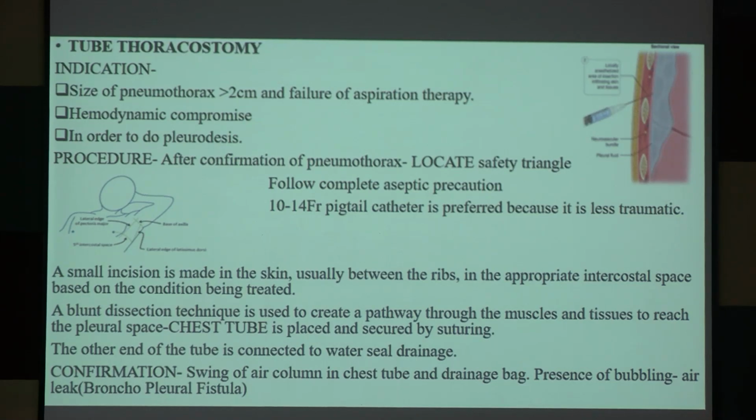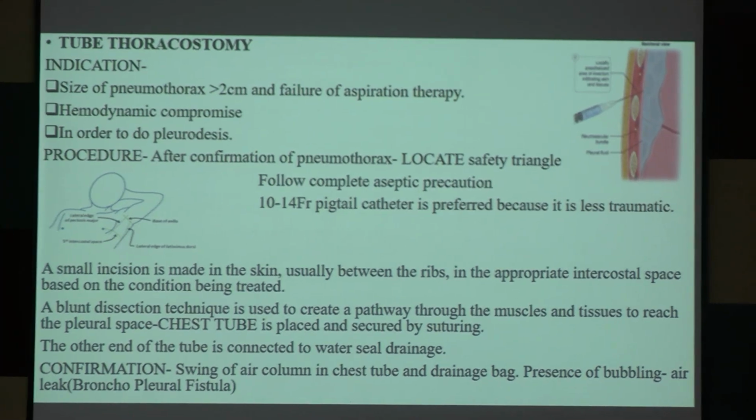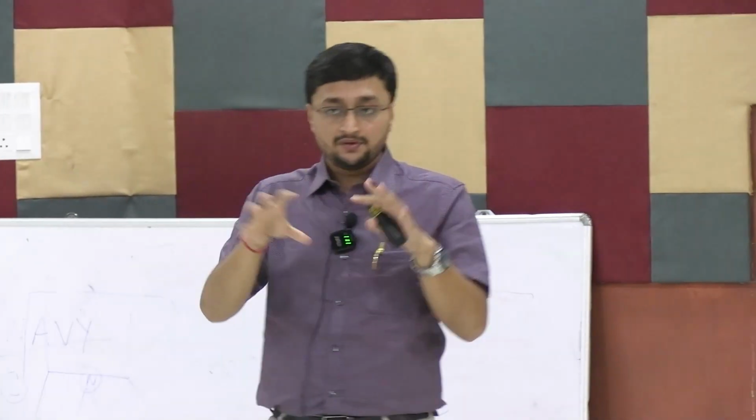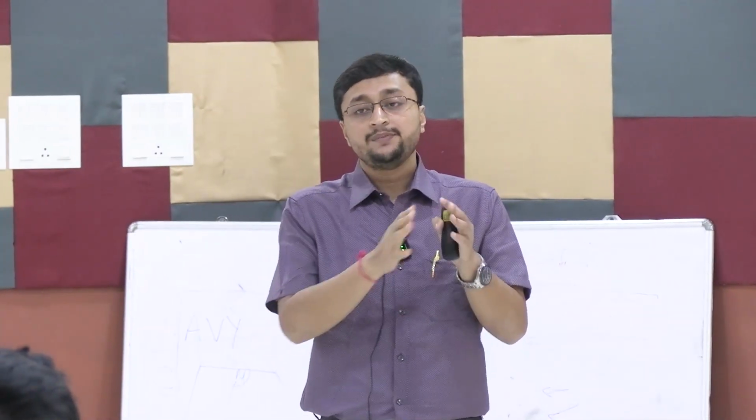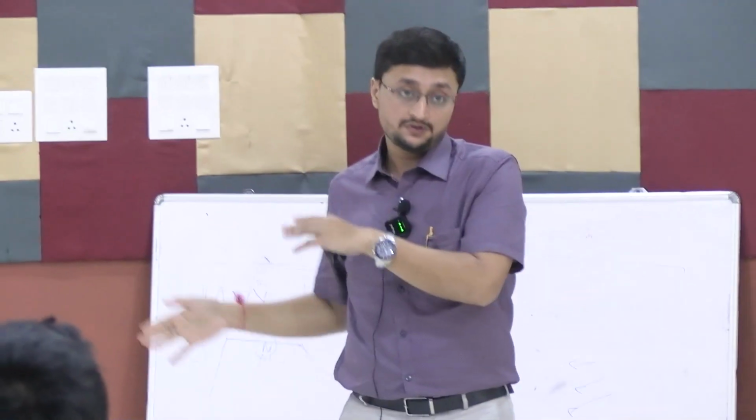intrapleural pressure is negative. It is mostly between -4 to -8 centimeter of H2O. But if there is air inside the pleura, then the pleural pressure is somehow positive. From our calculations, the pleural pressure in case of pneumothorax is between +2 to +4 centimeter of H2O.